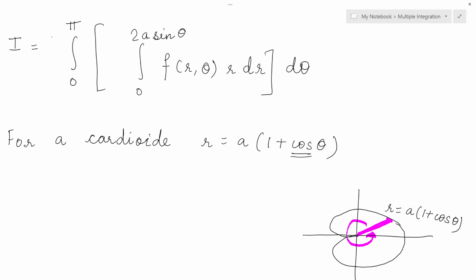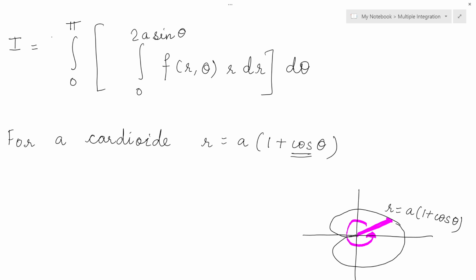That is clear. Now cardioid outer limits are same as the limits of a complete circle. In a complete circle also, it has to travel the whole 360 degrees. Same way in all the cardioid, it has to travel in the whole 360 degrees.